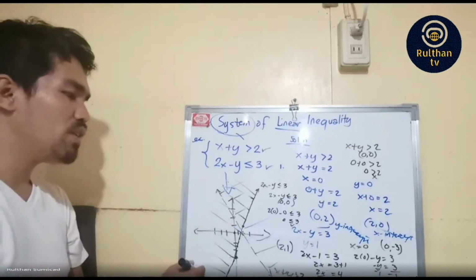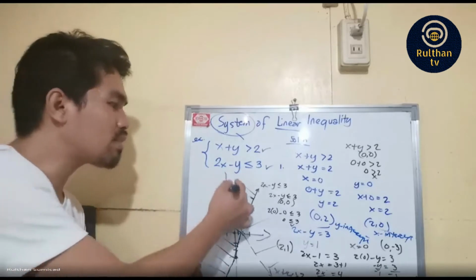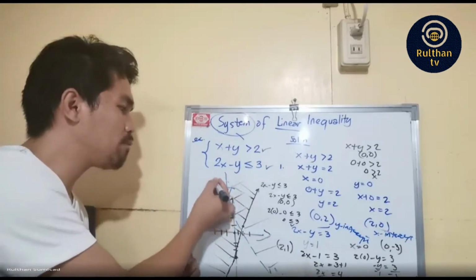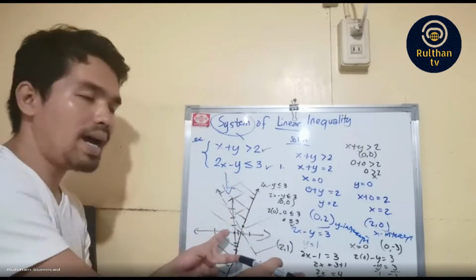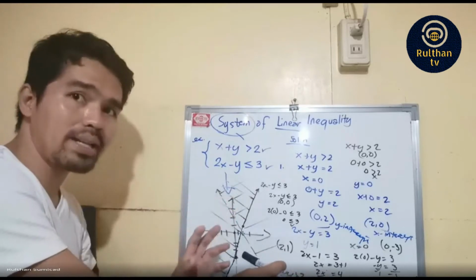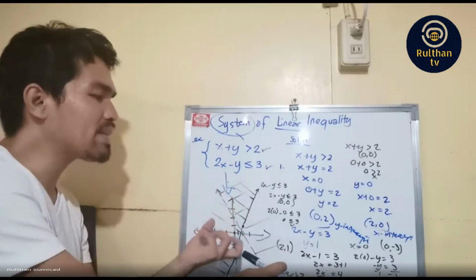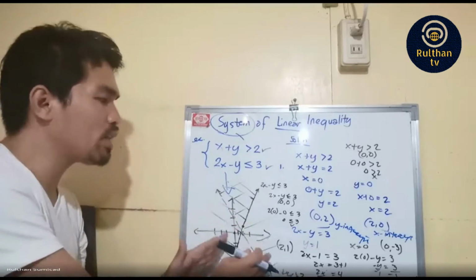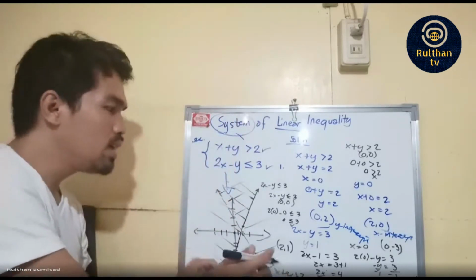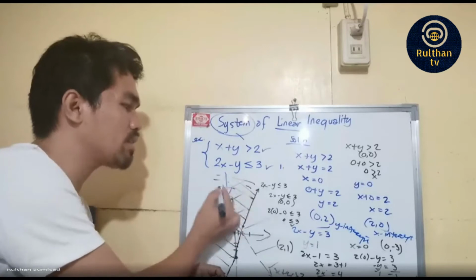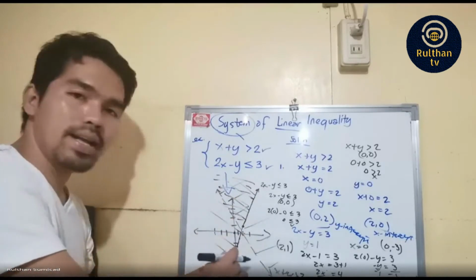Okay? So if you notice now, this is the colliding section. Take note, both linear inequalities here are arrow-headed, implying that they can be extended to infinity going in this direction and this direction as well. That's the colliding section.